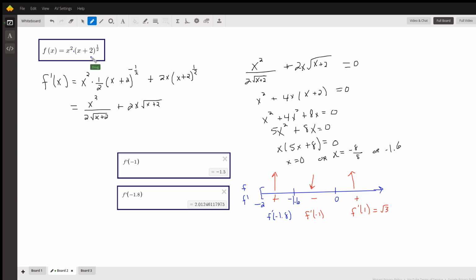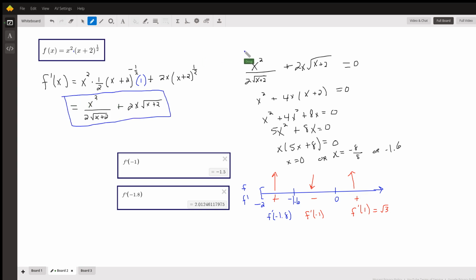When we take the derivative of the second, you could put a parentheses right here to say I use the chain rule. The derivative of the inside is just a 1 though. Plus the second function times the derivative of the first. The derivative of the first is 2x. If we rewrite it in radical form with positive exponents, this is the first derivative right here.